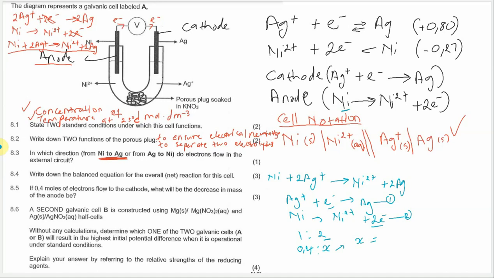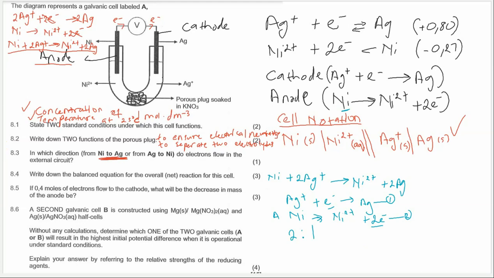So you know that using the ratio of the electrons on the cathode, you relate it with the number of moles of the electrons on the anode. For the anode you have 2, and for the cathode you have 1.